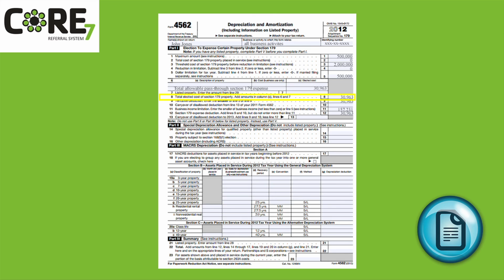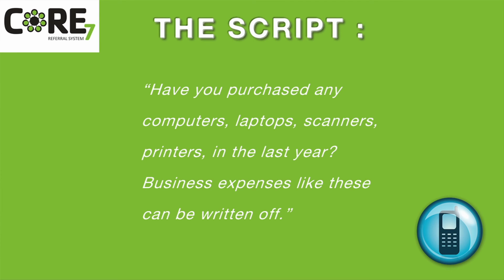Often accountants are so busy doing tax returns within such a small window of time that this key write-off is not addressed. If it is blank, just ask your client, have you purchased any computers, laptops, scanners, printers in the last year? Business expenses like these can be written off.